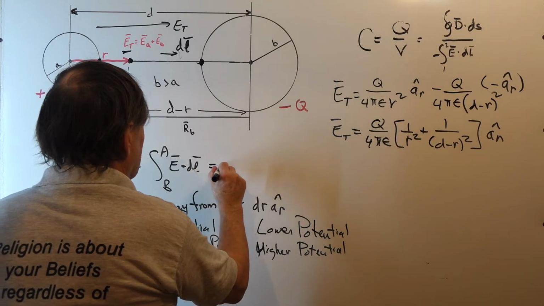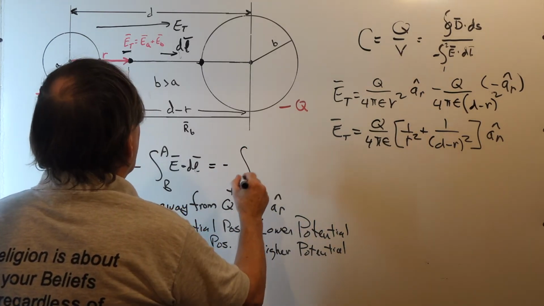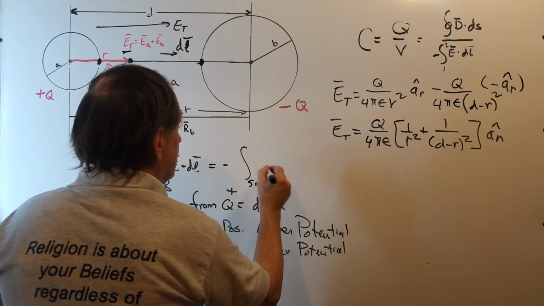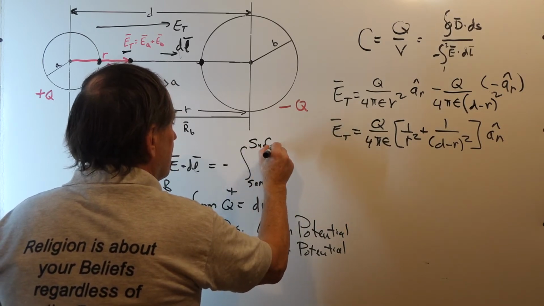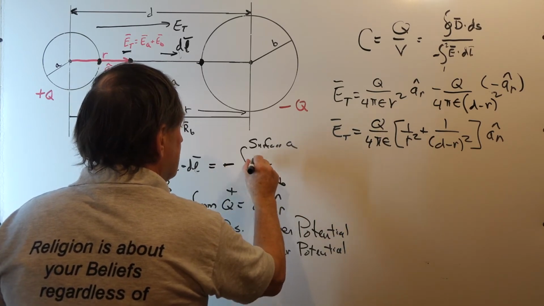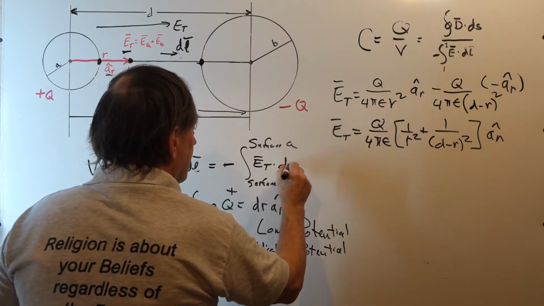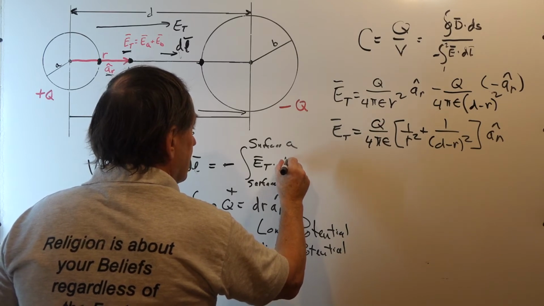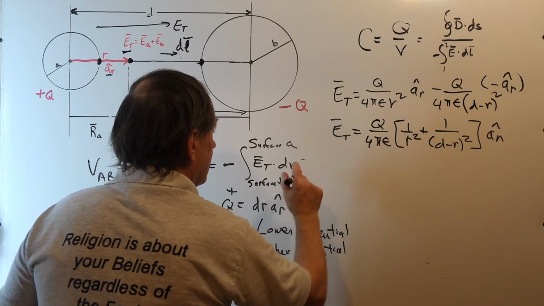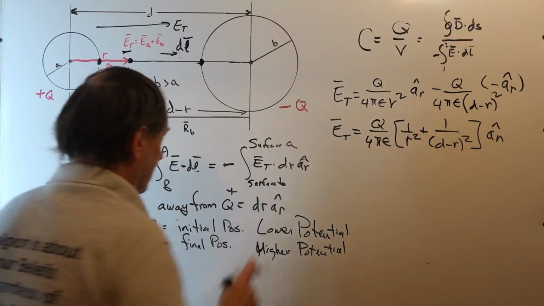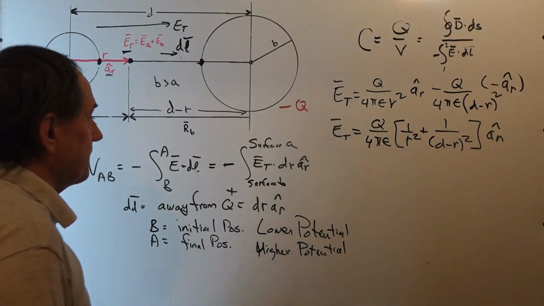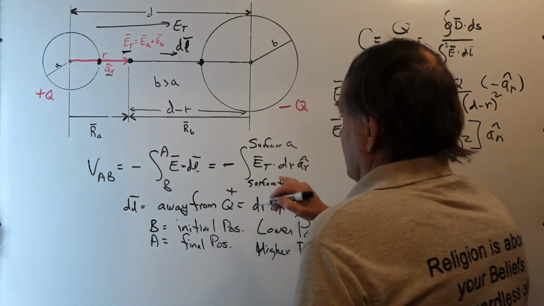In this case, we're going to go from the surface of B to the surface of A of E_T dot dl, which in this case will be dr in the AR direction. That's our dl. So I will now write the voltage integral.